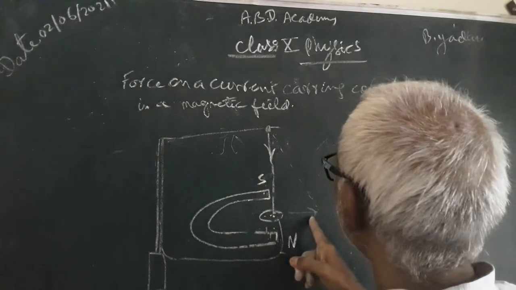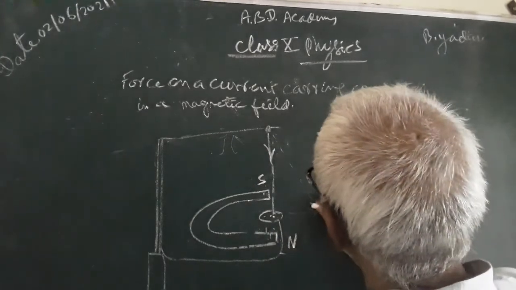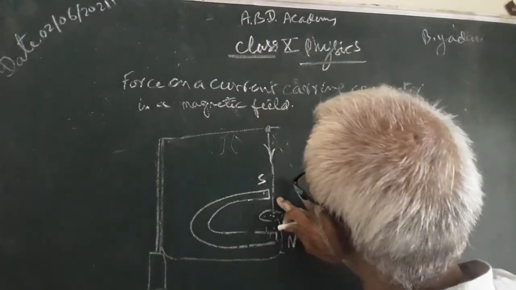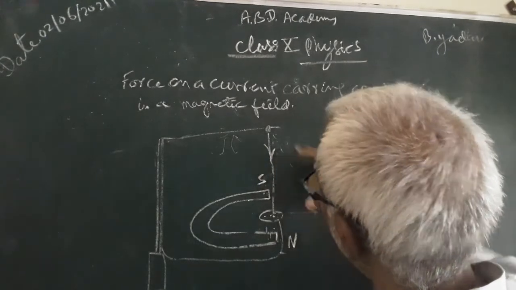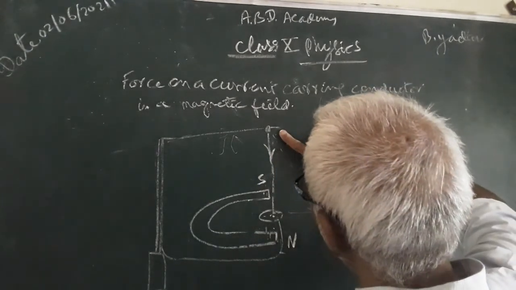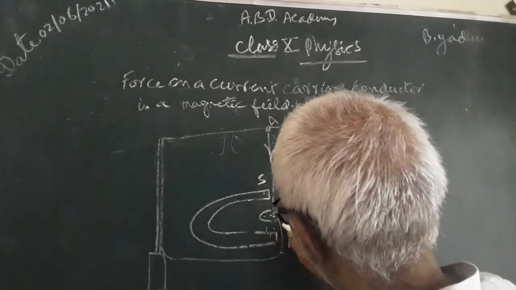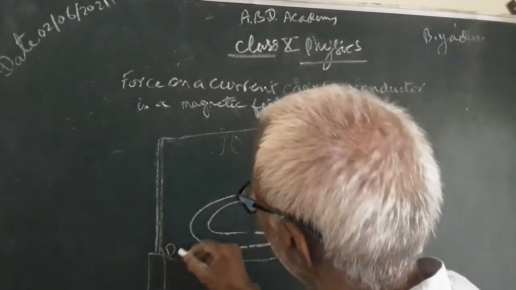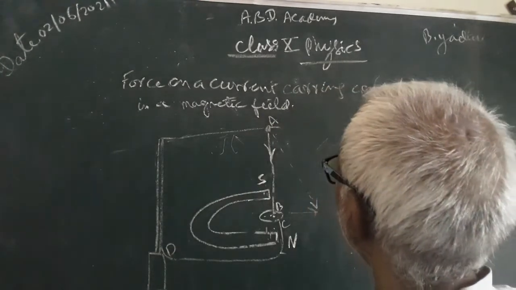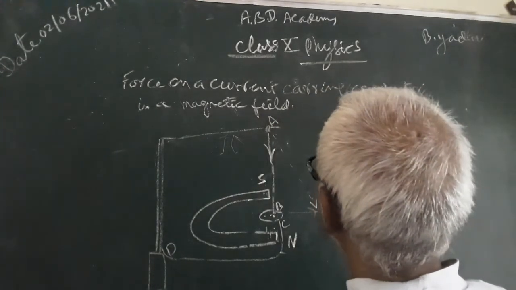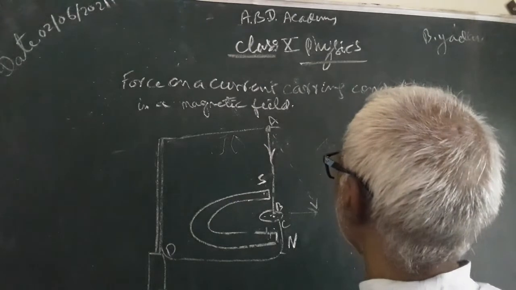Whenever this wire leaves the mercury, current breaks. When no current is there, no magnetic field is shown by this wire AB. Here is point C, here is D, but this whole circuit is completed. Then it returns to its original direction.